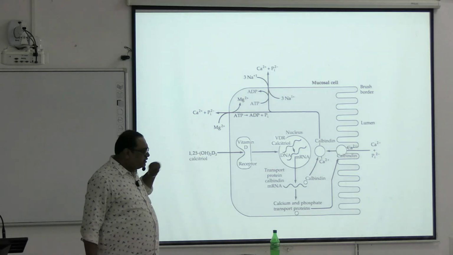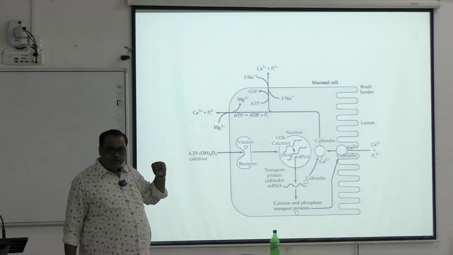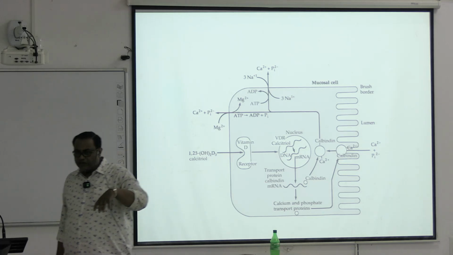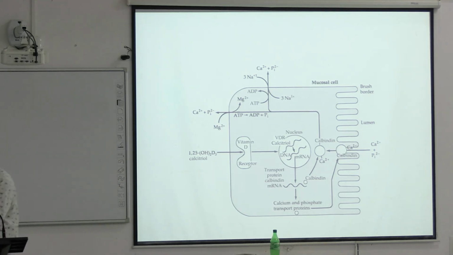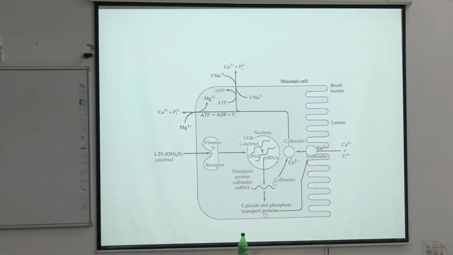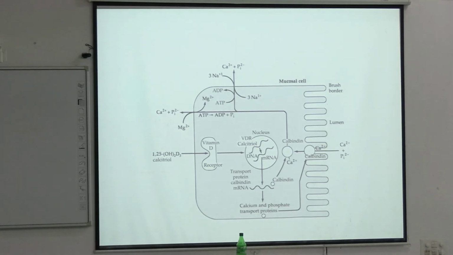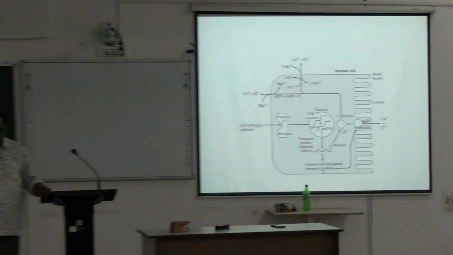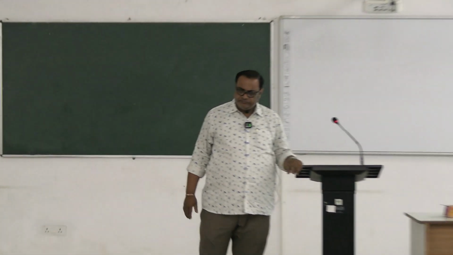So the binding of calbindin with the calcium is the key factor to produce a gradient for calcium to enter into the mucosal cell. If free calbindin to bind free calcium is not there, no calcium will be absorbed. So no gradient, no calcium will enter.